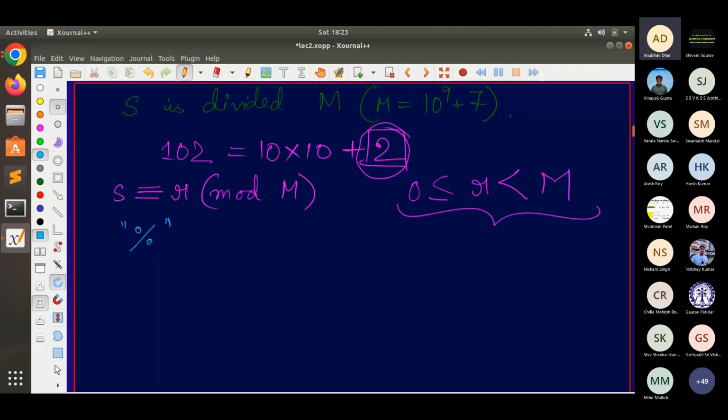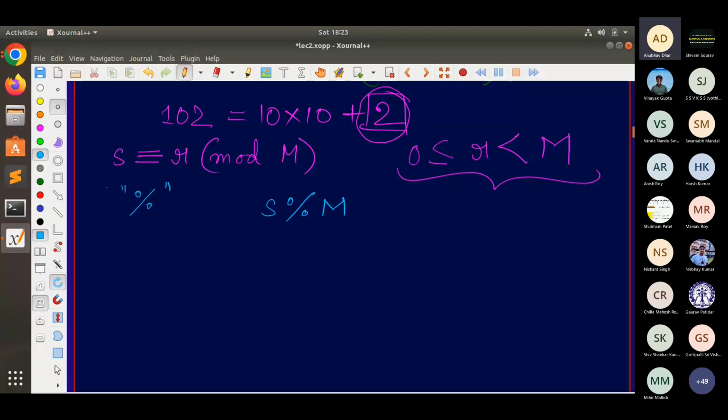So what they want you to do is basically find this answer, right? Now there are some interesting properties that hold for this operator. So I'll just start with some property out of the blue.